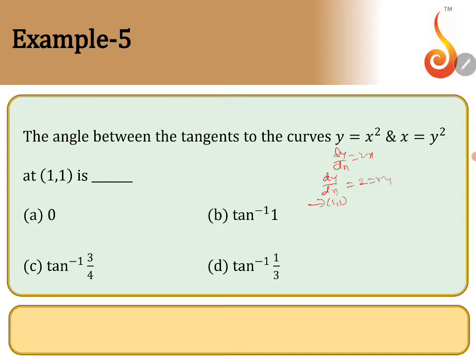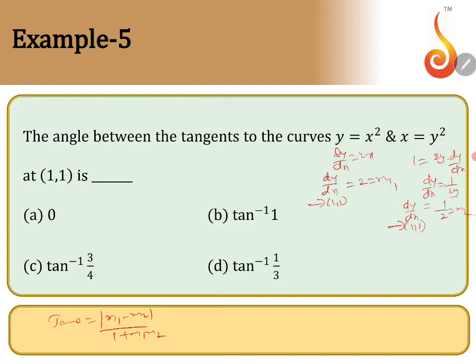Let it be m1. Next, for the second curve, differentiating both sides with respect to x: 1 equals 2y into dy by dx, so dy by dx equals 1 by 2y. Hence dy by dx at the indicated point 1 comma 1 is 1 by 2 into 1, which is 1 by 2. This is m2. We know the tan theta formula: modulus of m1 minus m2 by 1 plus m1 m2.